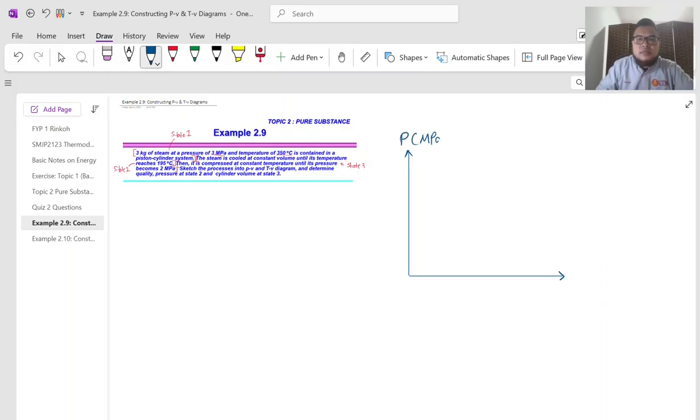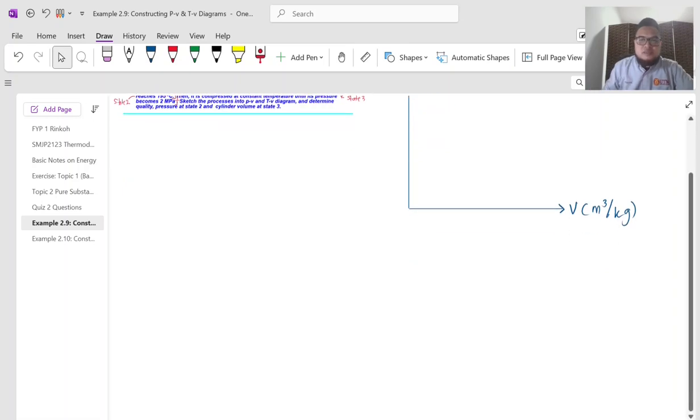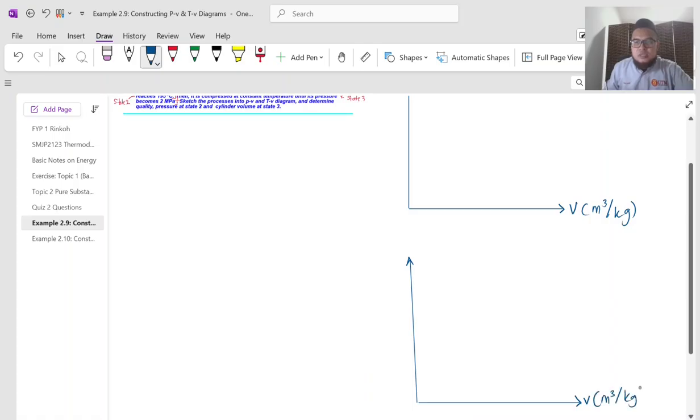Pressure is in megapascals and specific volume is in cubic meters per kilogram. Let me do the same for temperature versus specific volume: T in the y-axis and V in the x-axis, in cubic meters per kilogram. Temperature is in degrees Celsius.